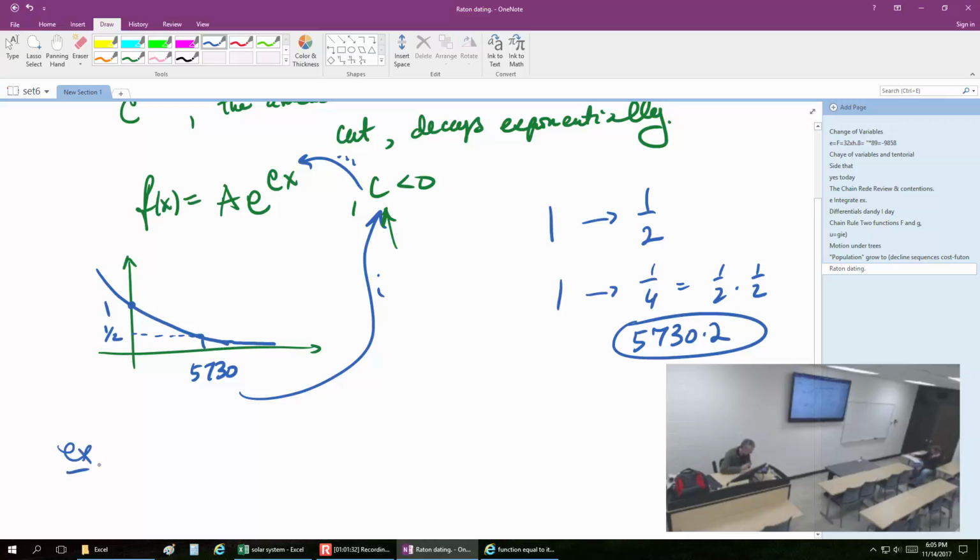So half-life is 5,730 years, and we have a parchment that has 74% of carbon-14 left. So how old is it?